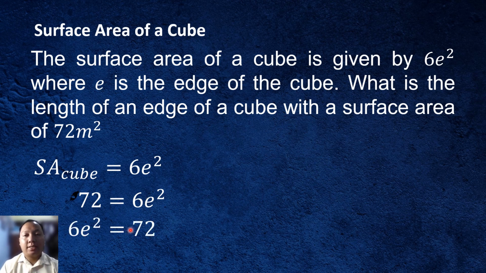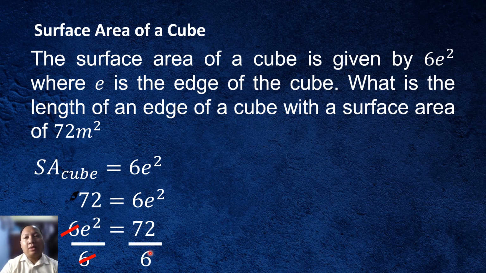Para lang ma-familiarize tayo na nasa kaliwa yung missing variable. So again, ang target natin ay masolve yung e. So tatanggalin natin si 6 at yung square. Now, para matanggal si 6, divide both sides by 6. Now, cancel natin yung numerator at denominator. We have e squared is equal to 72 divided by 6.